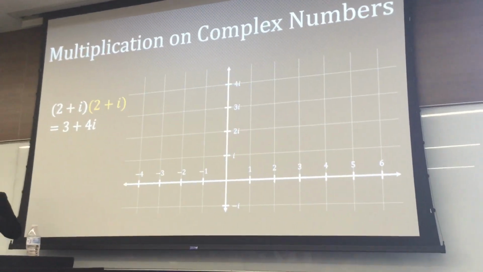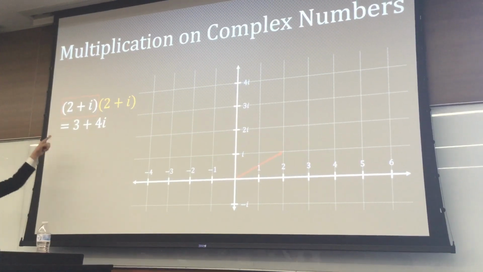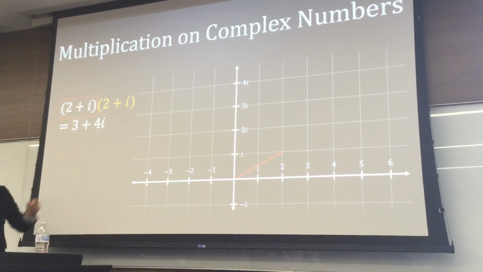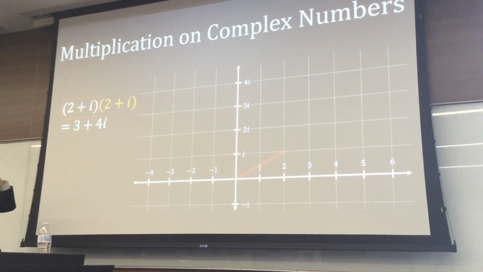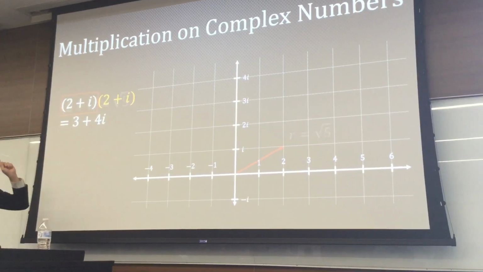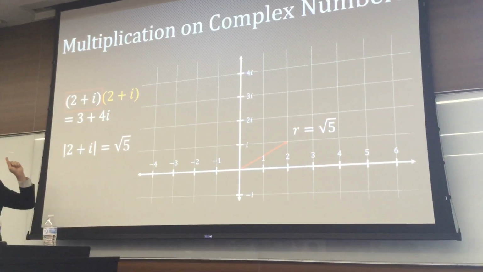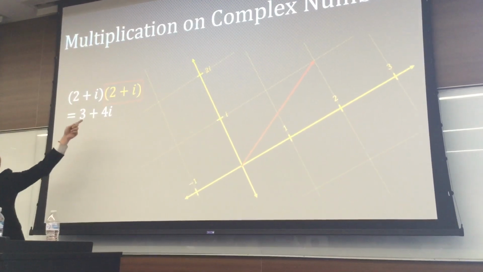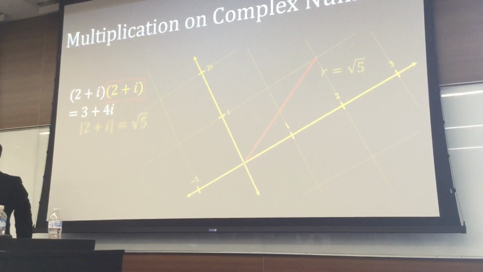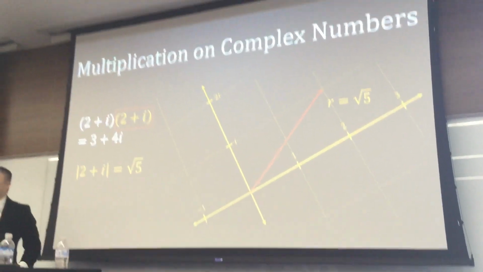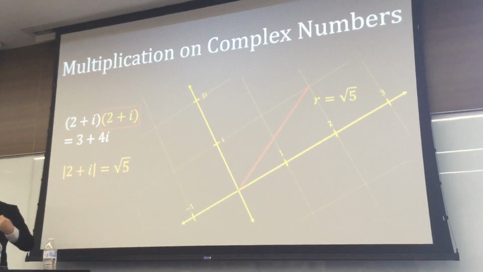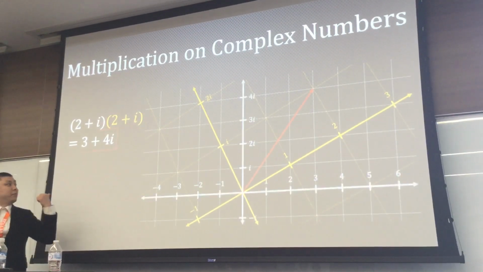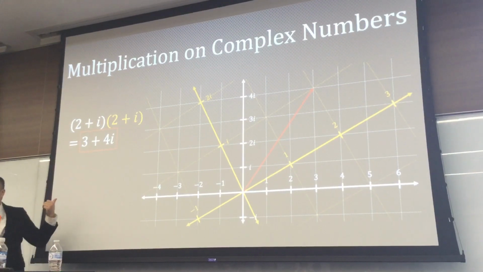And I want you to pay attention that the length of that multiplicand in the old coordinates is the square root of 5. And also the length of the multiplier in the new coordinates is the square root of 5. And when I multiply the square root of 5 times the square root of 5, that will of course give me the square root of 25, right?